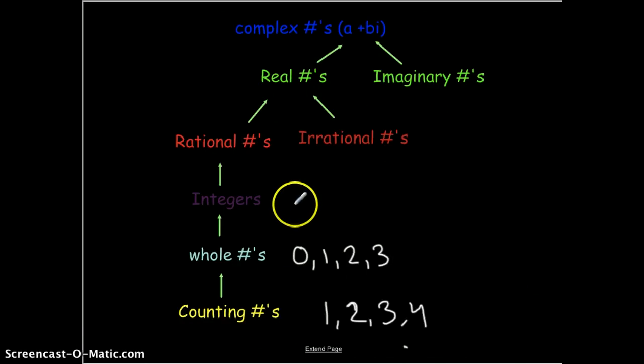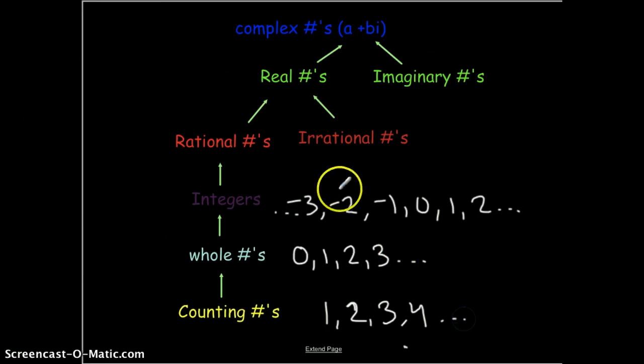Then we go up to integers, which are like whole numbers except you can have negatives. So we could have -3, -2, -1, 0, 1, 2, 3, etc. So negatives and positives, but they're still like whole numbers.